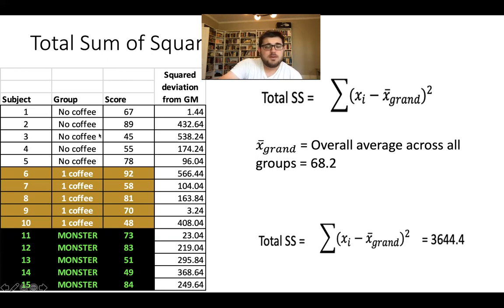So when you have 3 or more sample means, I've got all the scores stacked on top of each other, the no coffee, coffee, and Monster. The first thing you need to calculate, if you're doing an ANOVA, is the total sum of squares. Just like with regression, this represents the total amount of variation in the dependent variable, period.